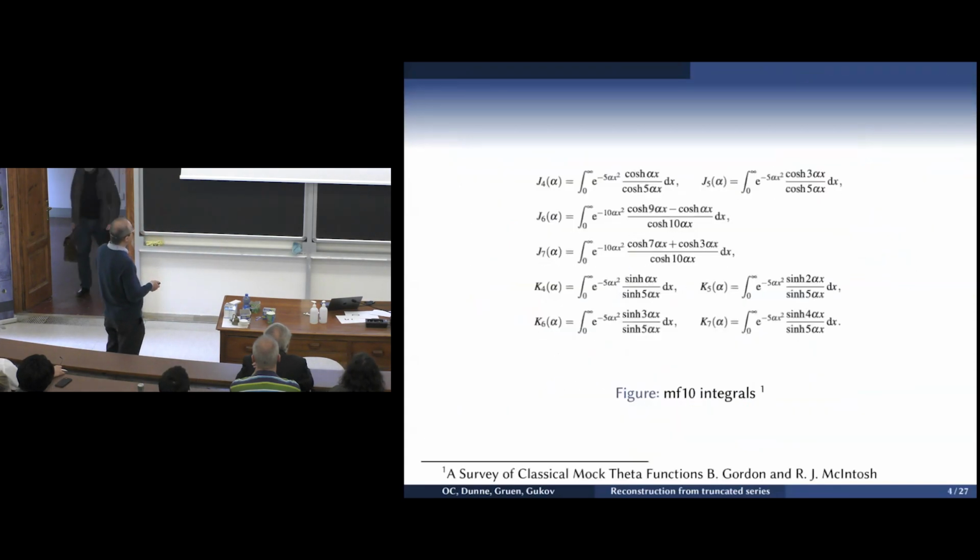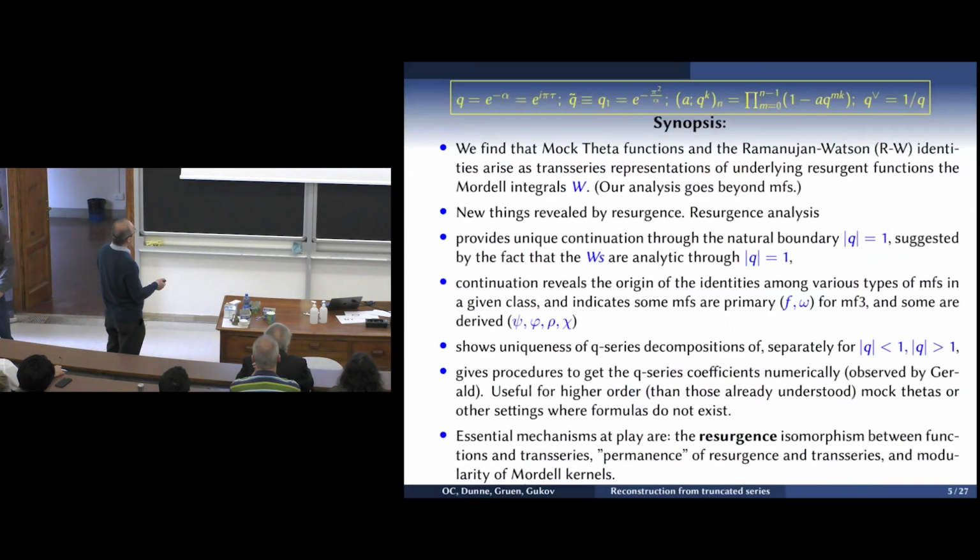Okay, so what I'm saying here is that resurgent analysis provides you with a way to go from the interior of the disk to the exterior, or in terms of half planes, from the upper half plane to the lower half plane.